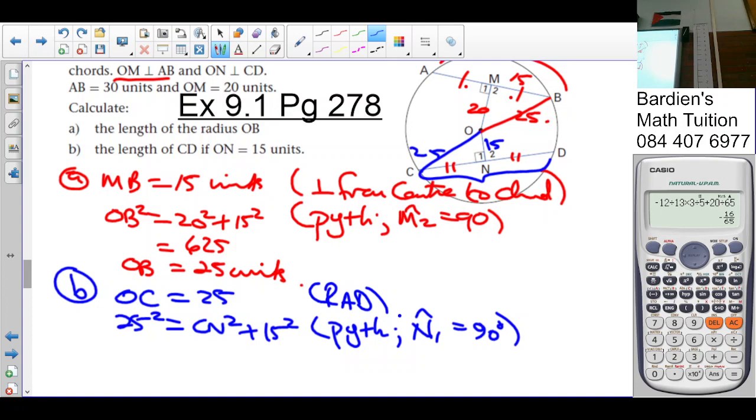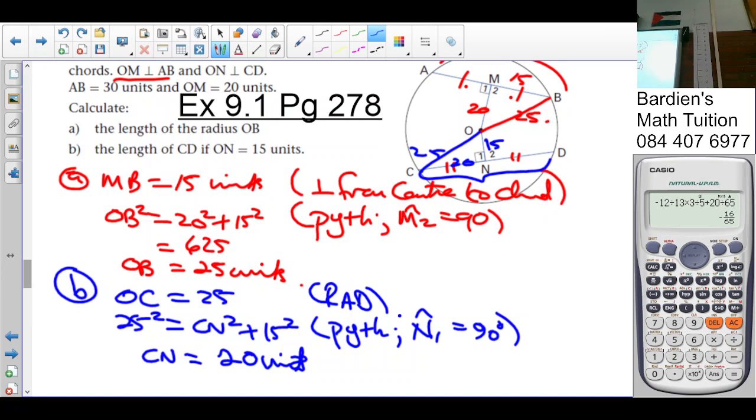Okay. So CN squared is equal to 25 squared minus 15 squared, which is 400. The square root thereof is going to be 20 units. Is that correct? But have I answered the question?